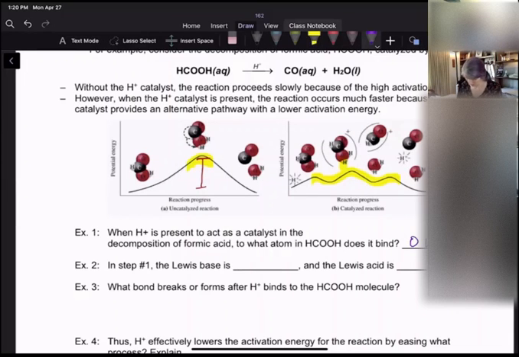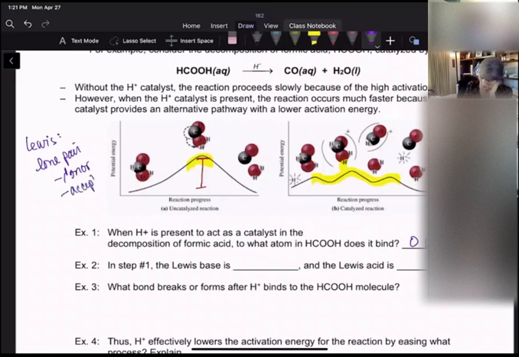Okay, in step 1, the Lewis base. Oh, Lewis acids and bases. Have we talked about those? Have you studied those? Mm-hmm. Oh, okay, cool. Great. Yeah, we studied them. So the Lewis base is the one that's going to donate the electrons, right? Yeah. So Lewis acids and bases are defined as lone pairs, donor and acceptor.